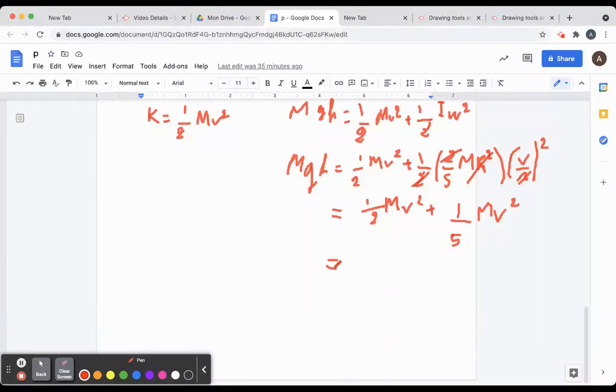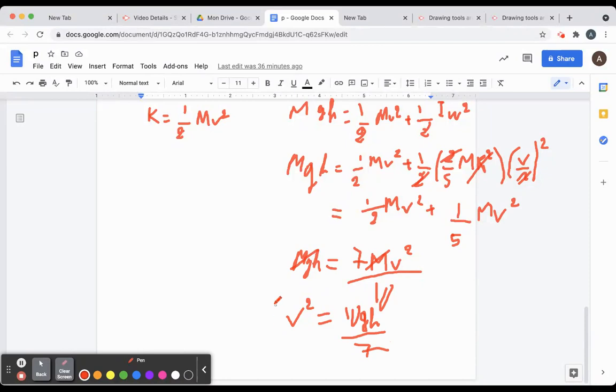And by adding them up, it will give us 7 mv square over 10. This is mgh, which is the potential energy. And by putting v square over here, we will find 10 times gh, and the mass goes with this mass, over 7.